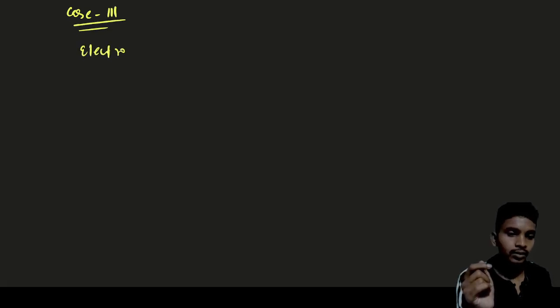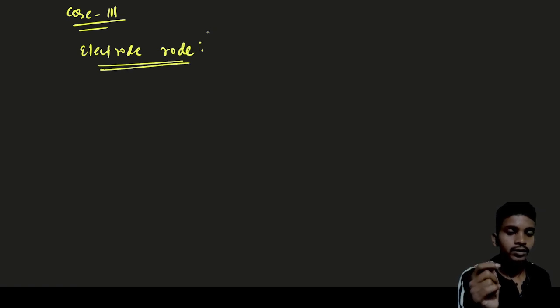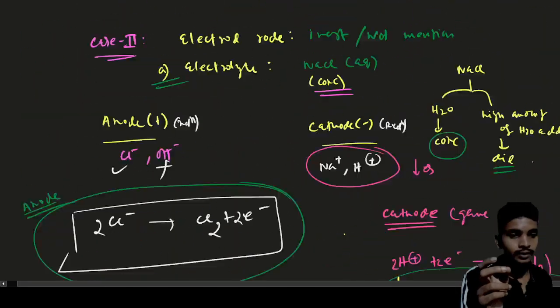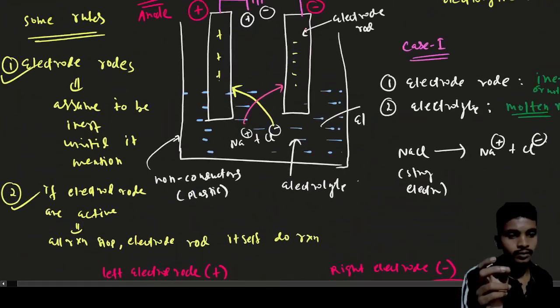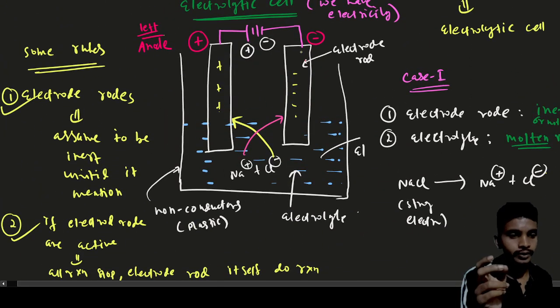Now the electrodes: both electrodes are present, where one is for the anode and another is for the cathode. These are the two electrodes.